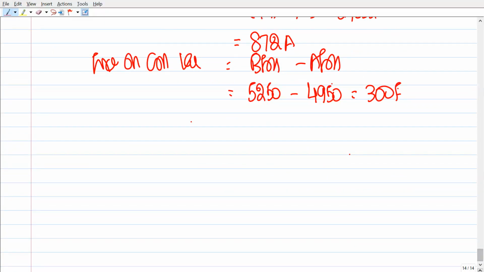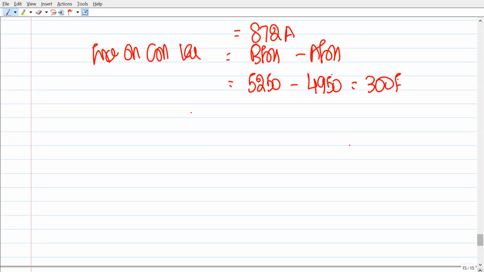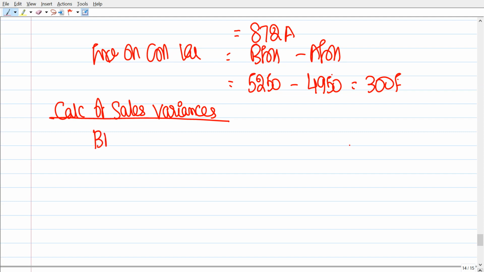Then calculation of sales variances. BM into BQ. I have the price and all, so I can calculate it.